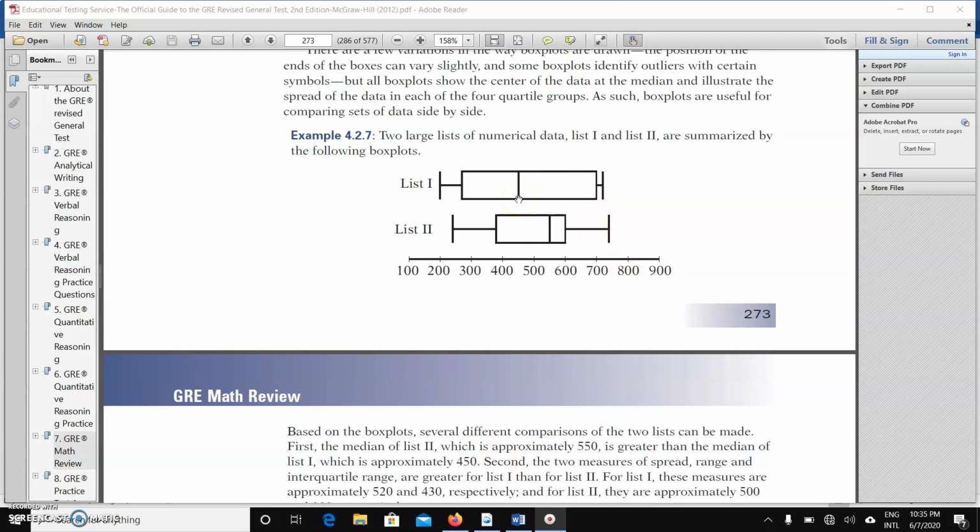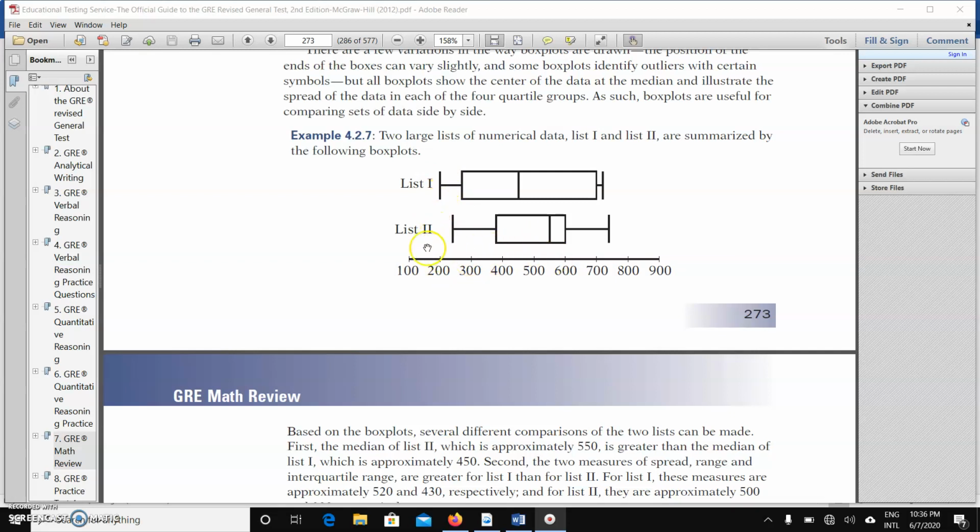The middle number will be around 450. Then this is your Q1, that will be around 290 or 280. I'm not sure, you should be accurate when you trace it down the scale. Then this one is L1, the lowest point, that will be 200.